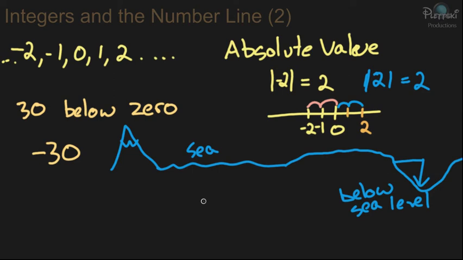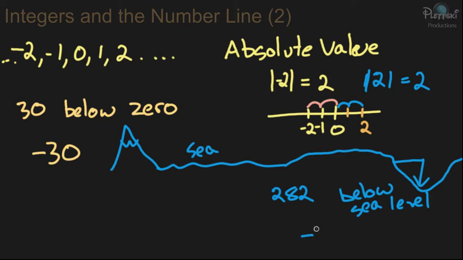So below sea level, let's say Death Valley, for instance. It's one of the lowest places in the world, and it's actually 282 feet below sea level. And we can use a negative integer to represent that.